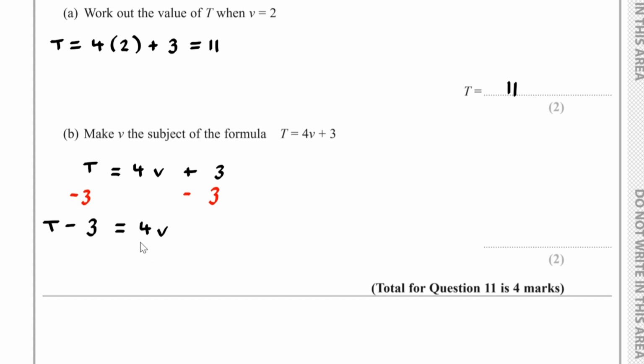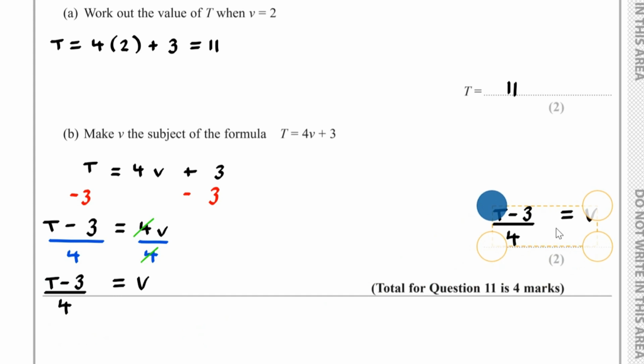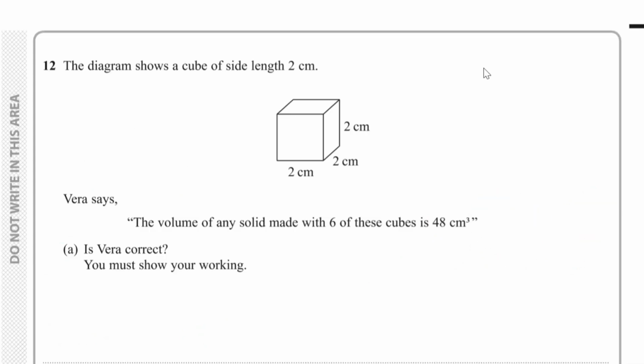And then if we divide both sides by 4 to get v by itself, we will end up with v equals t minus 3 over 4.